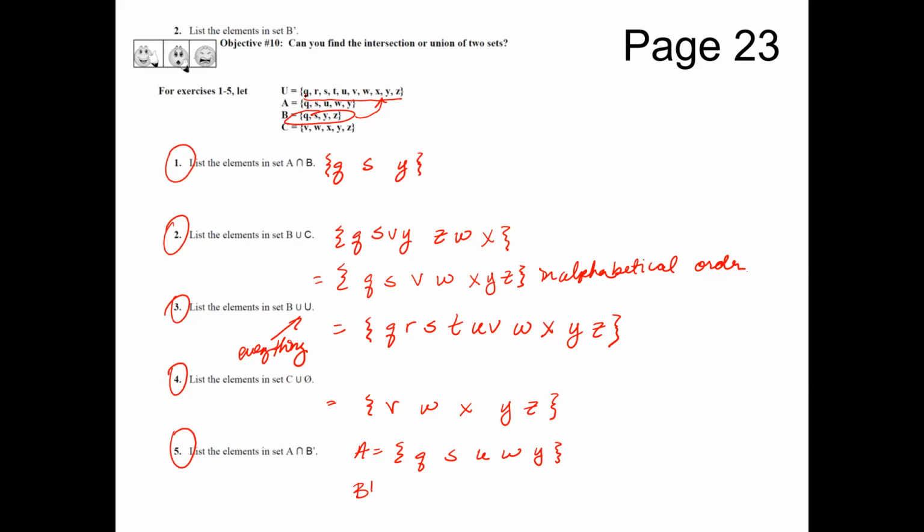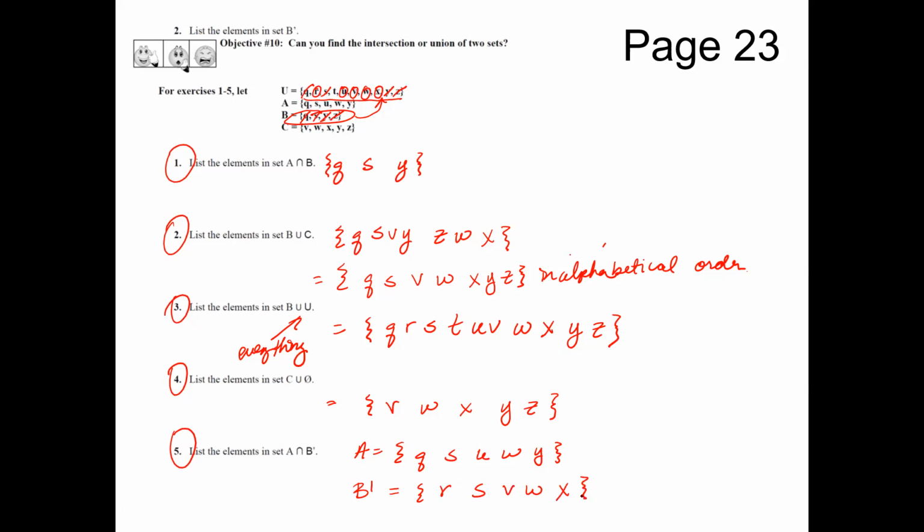So let's see. They both have Q. There's an S. There's a Y. There's a Z. So these letters that I'm circling are not in B. That's in U. So not B will be R, S, V, W, X.